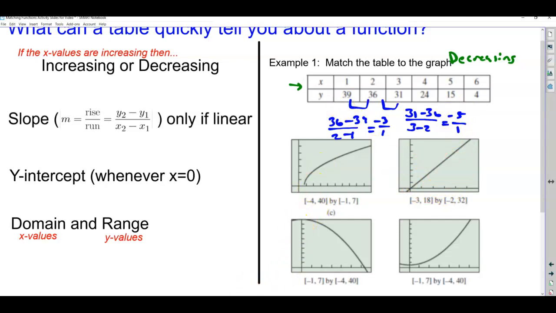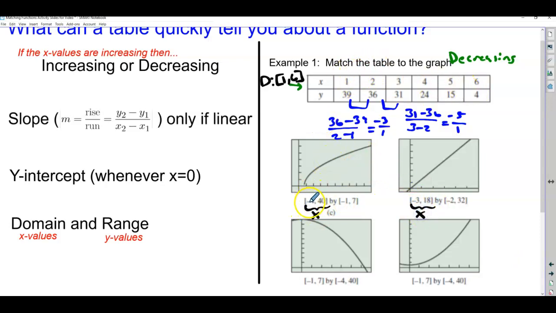Now, the one thing that you should definitely look at is how you compare domain and range. Remember, domain is your x values, and if I look at my table, my domain goes from 1 to 6. On my graph, I want to make sure that the domain, or the x values, for each piece contain all of those points from 1 to 6.